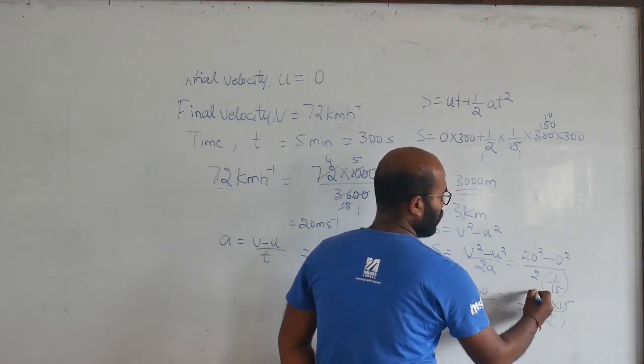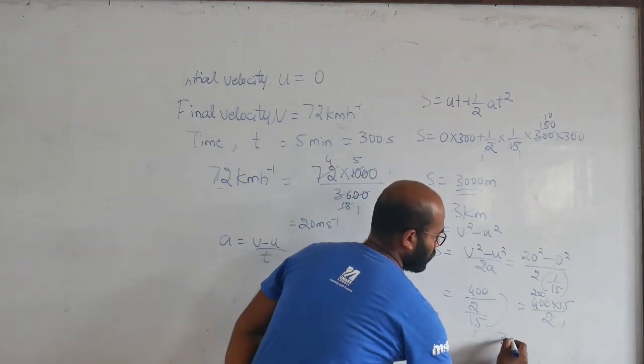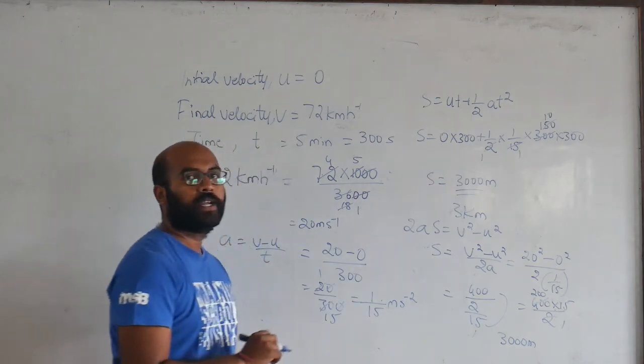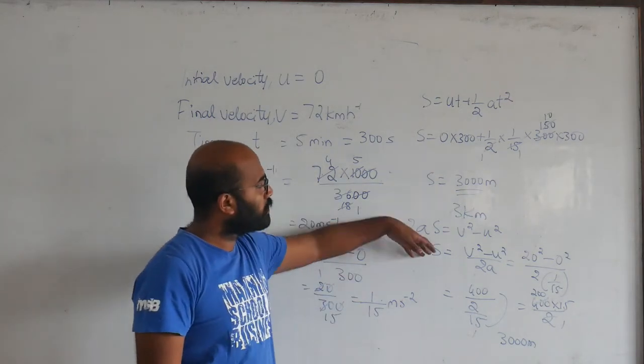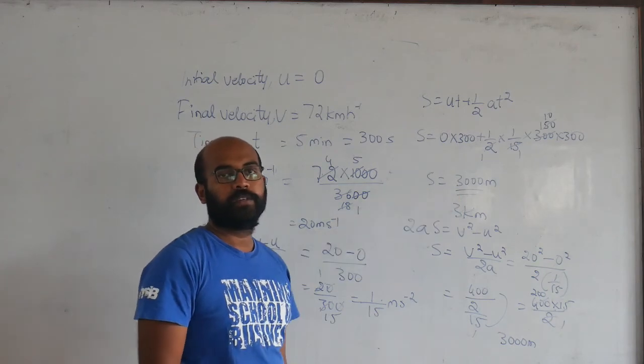That is 200 into 15, that is 3000 meters, which is 3 kilometers. So using both equations, I get the same answer, 3 kilometers.